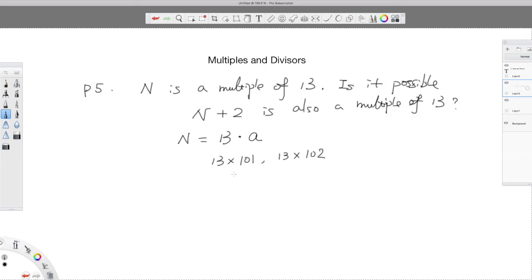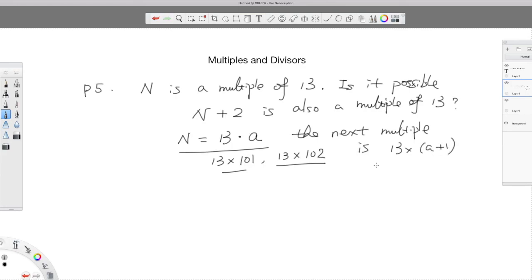I'm just giving an example. In general, n equals 13 times a, and the next multiple of 13 is 13 times (a plus 1), which equals 13 times a plus 13, using the distributive law. And this equals n plus 13.